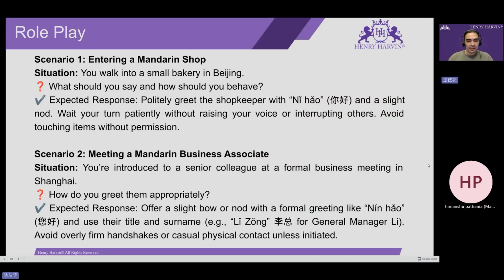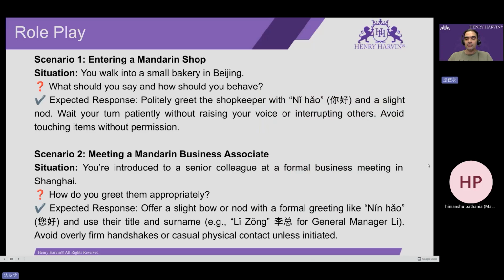And use their title and surname like Li Zong. And Zong in Chinese, especially when it is used with a family name or surname, is considered a short expression for manager or CEO or someone who is holding a senior position in the company or any organization where he's working.